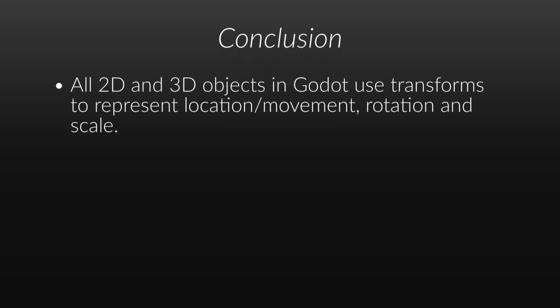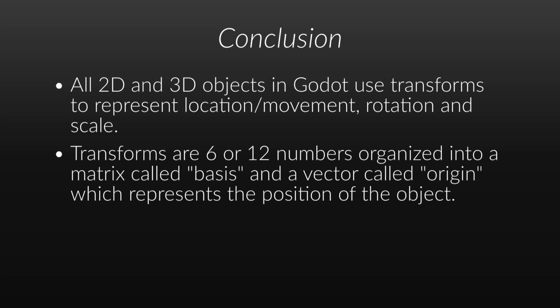In this video, we explored how transforms work in Godot and how we can use them to simplify a lot of common tasks in game development. We learned that Godot internally uses transforms to represent movement, rotation, and scaling of all 2D and 3D nodes. We learned that transforms consist of a basis matrix and an origin vector.